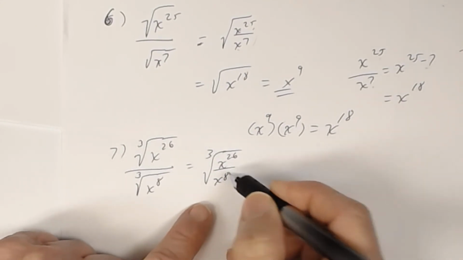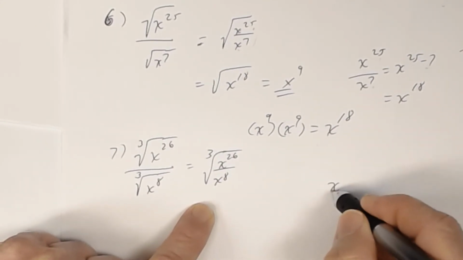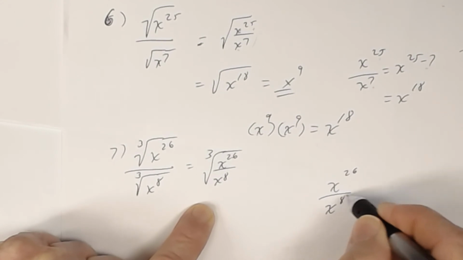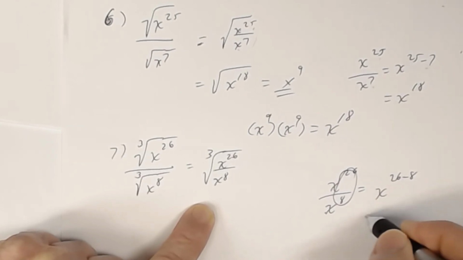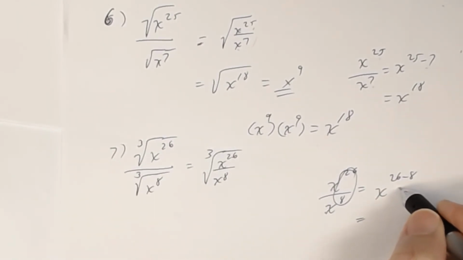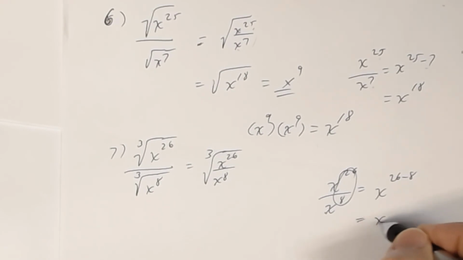And I can simplify this because when I divide like bases, I subtract exponents. So it'll be x to the 26 minus 8, and 26 minus 8 is 18, right? So I get x to the 18.